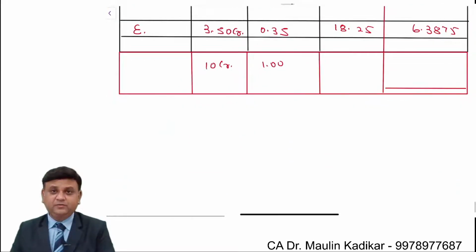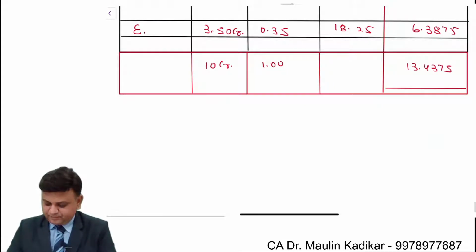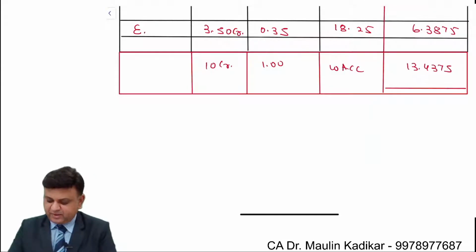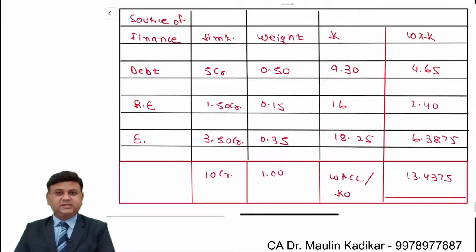So it is 13.4375. That is the weighted average cost of capital or overall cost of capital. This is the way we are required to do the answer.